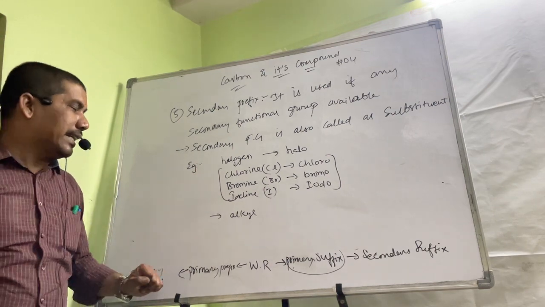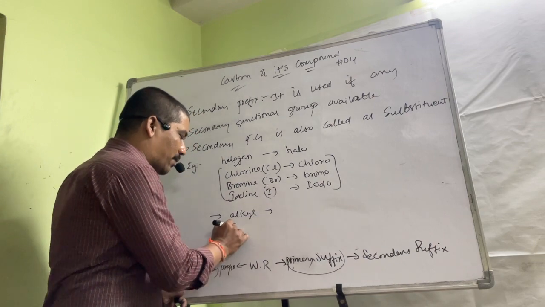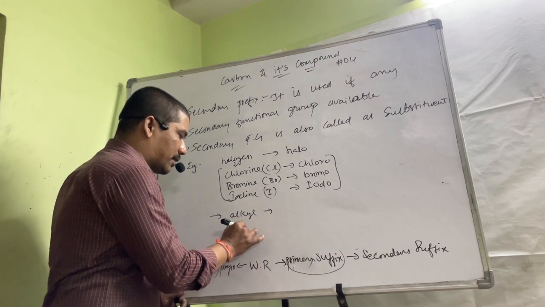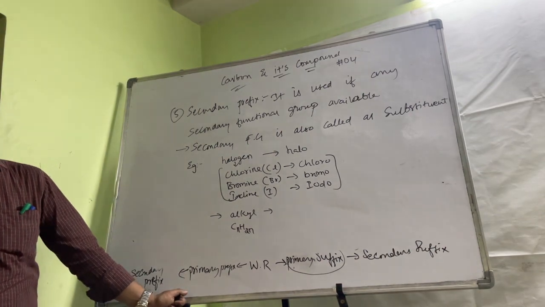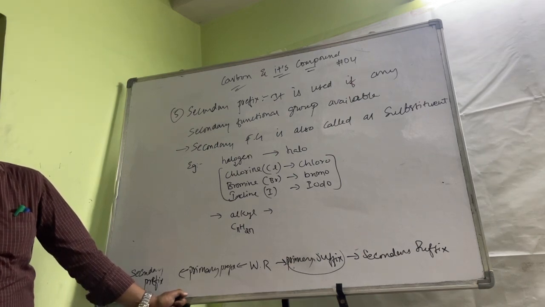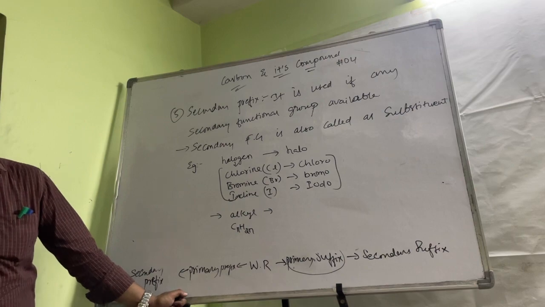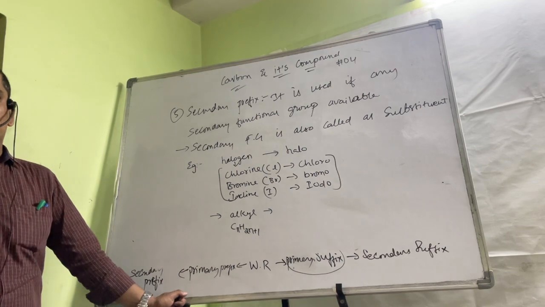Right? Alkyl. If an alkyl group is there, the alkyl formula will be, Deepak, the alkyl formula. Alkyne is CnH2n minus 2. Alkyl is CnH2n plus 1. Okay?